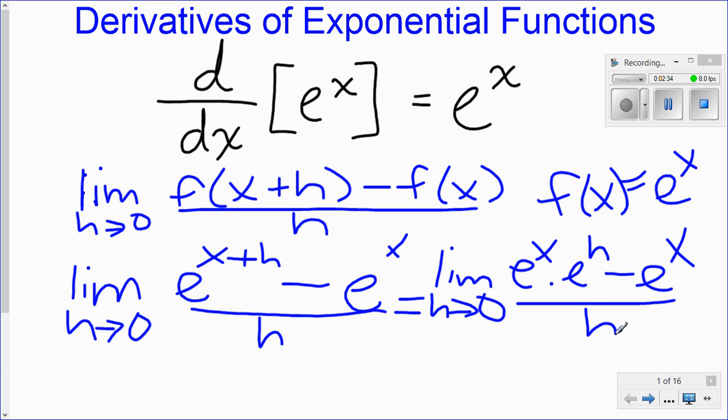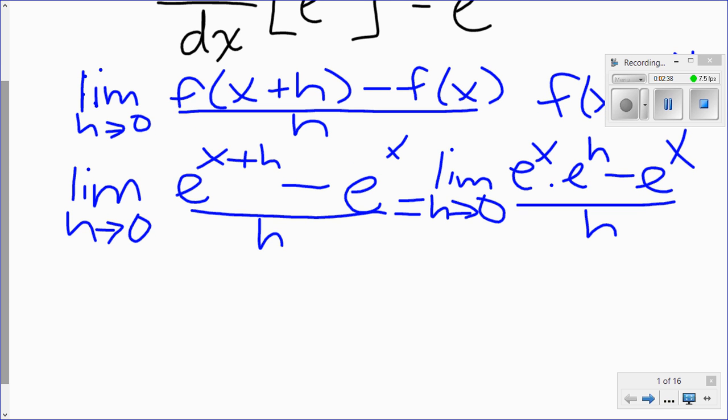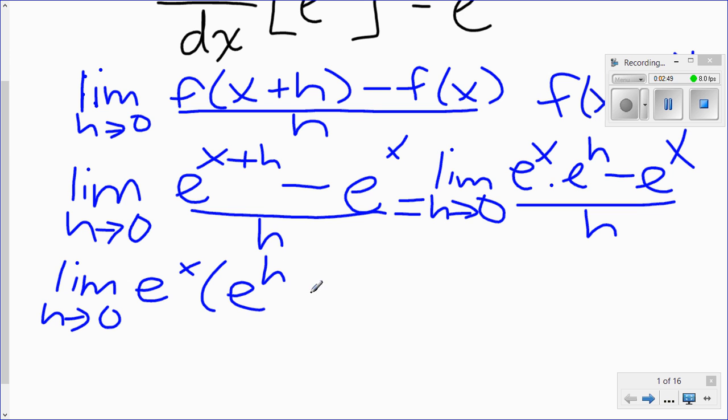Then we can factor out an e to the x from the numerator. So then we'll have the limit as h approaches 0 of e to the x times e to the h minus 1 all over h.